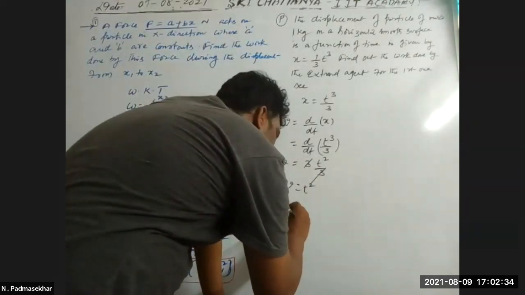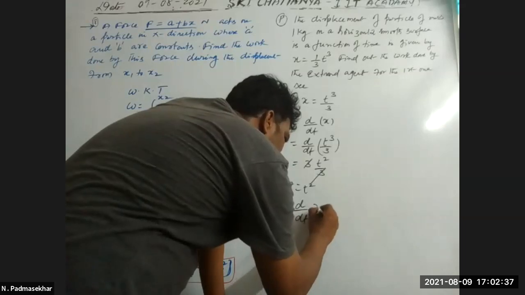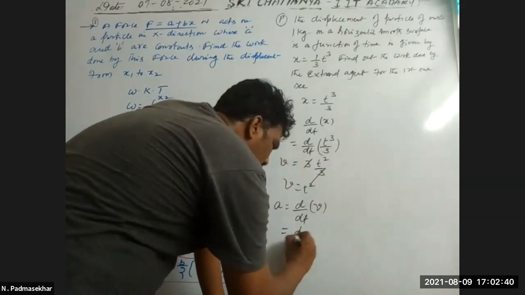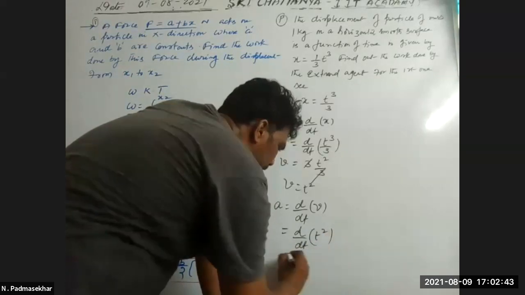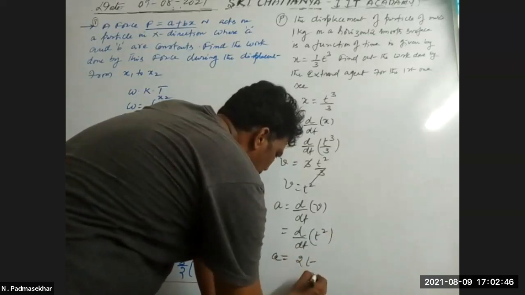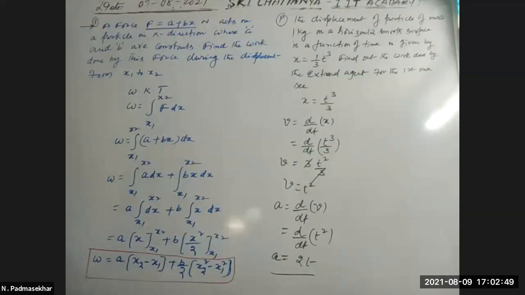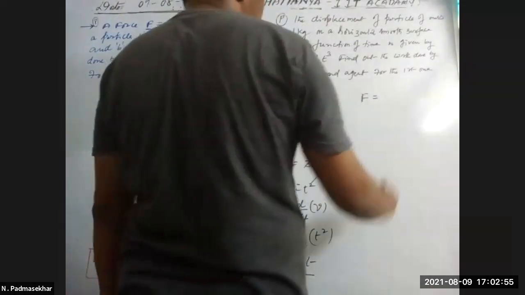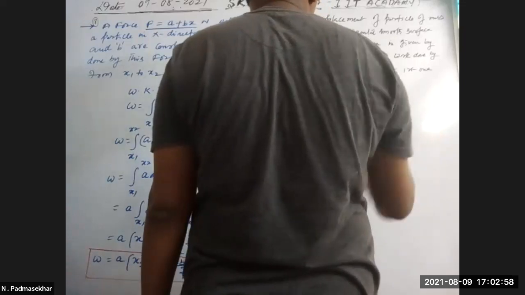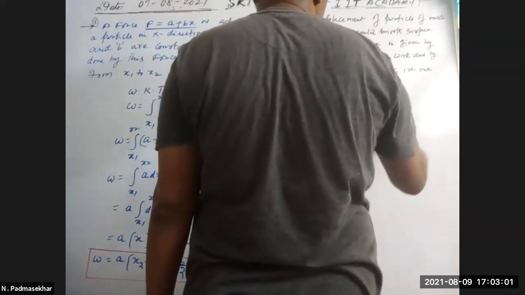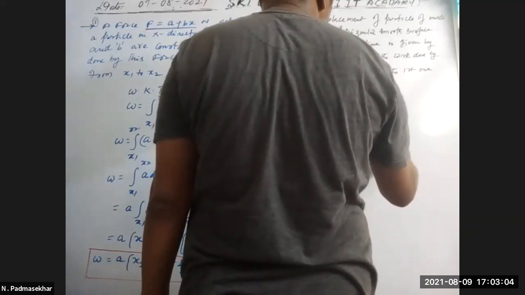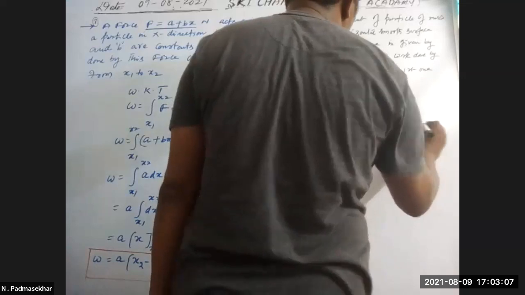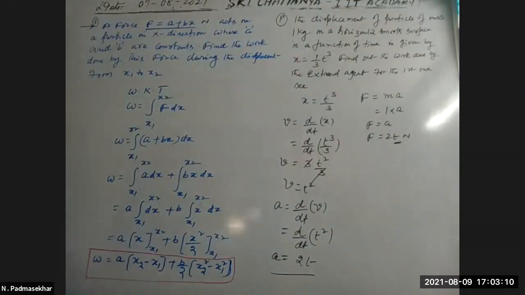After velocity, find acceleration: d by dt of v, that is d by dt of t square, which is 2t. Acceleration is 2t. What is the force? F is equal to ma. m is 1 kg, so F is equal to a. F is equal to 2t newtons.